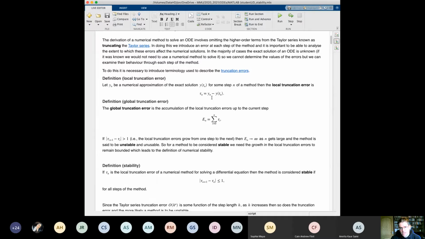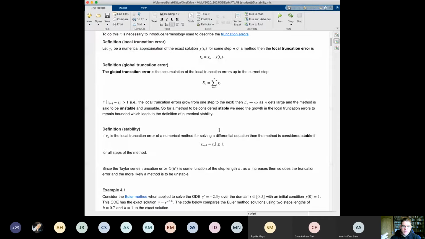Over that step, there's going to be some errors due to our approximation, known as the local truncation errors. The global truncation error is an accumulation of the local truncation errors. As you can see in this equation, it's just a sum of all the local truncation errors. So if you hear me talk about local and global truncation errors, that's what I'm talking about.